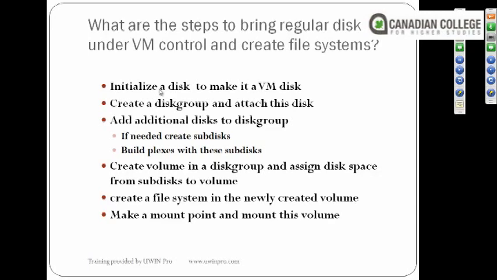Another reason is I want to create a volume, but for that I want to use a small piece from this hard drive, a small subdisk from this hard drive, a subdisk from this hard drive, and I want to make a plex. Why can't I make it from one hard drive? Why do I want pieces from several?